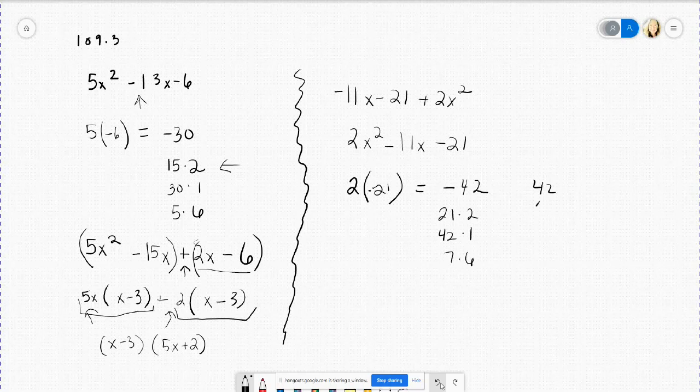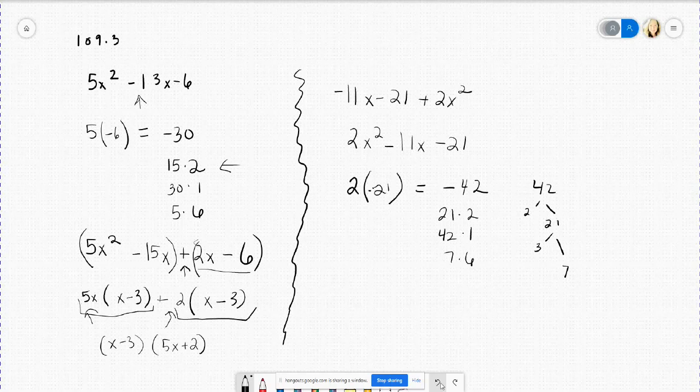I'm going to do a factor tree. 21 and 2. 6 and 7. Yeah, I think so. 7.